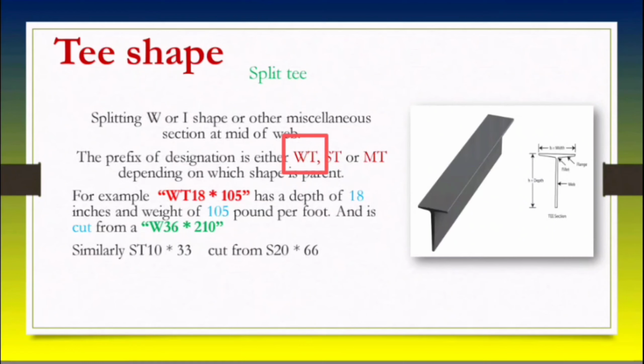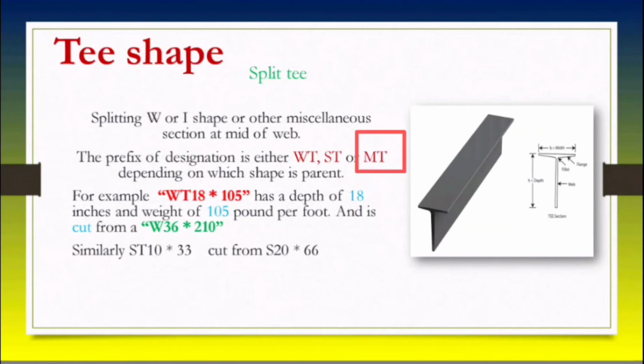When we cut the S section in the middle, the prefix will be ST, meaning the T section's parent section is S. And MT represents the miscellaneous section or other section. When we cut another section in the middle, we call it MT.